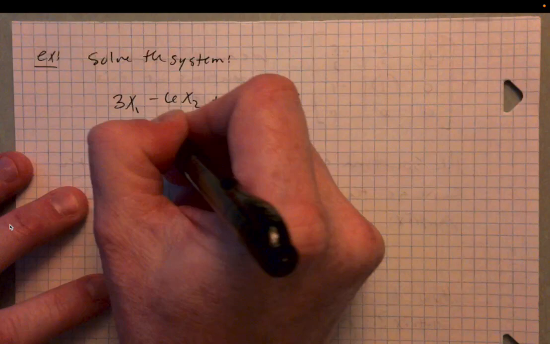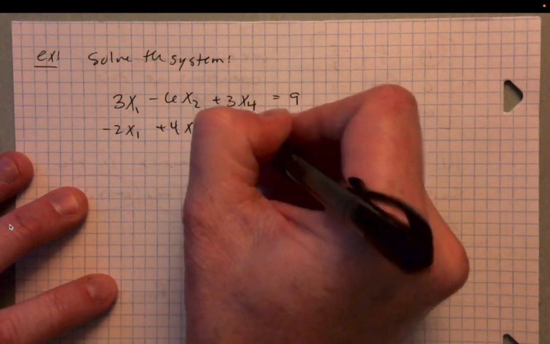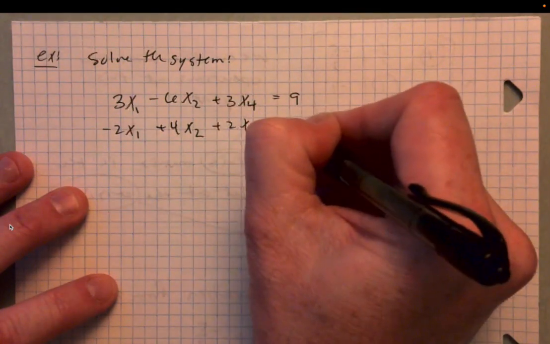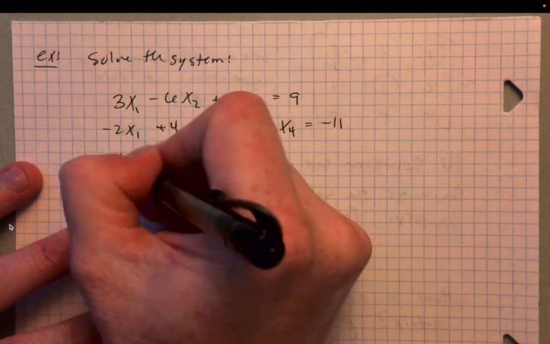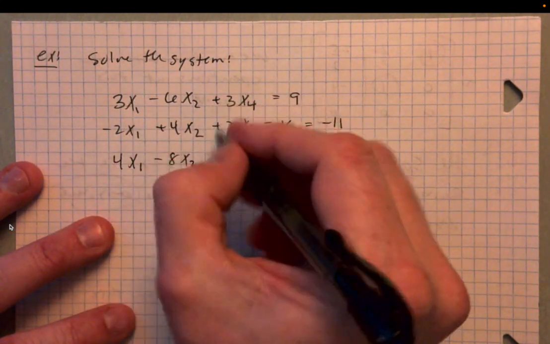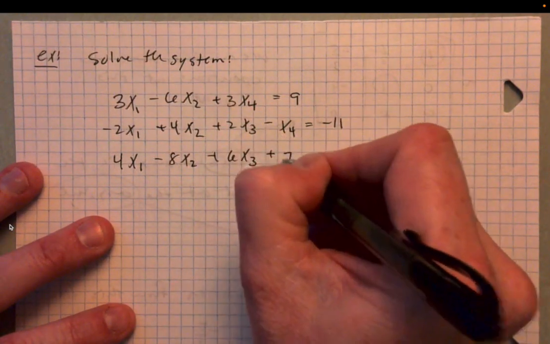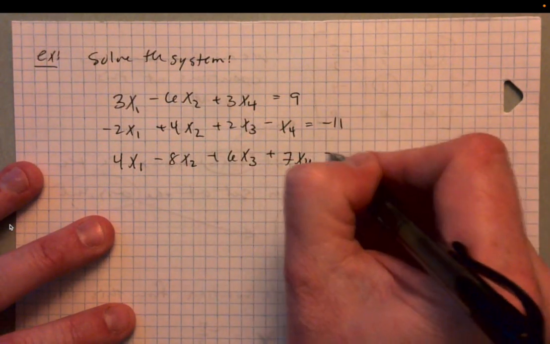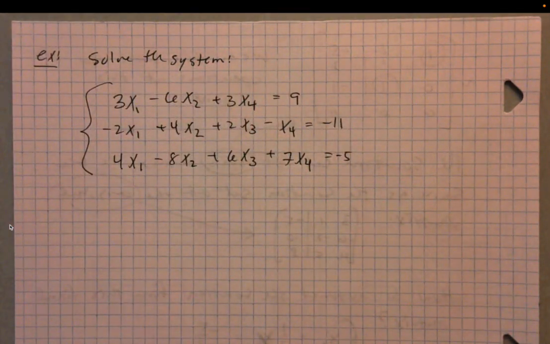Negative 2x1 plus 4x2 plus 2x3 minus x4 equals negative 11. And 4x1 minus 8x2 plus 6x3 plus 7x4 equals negative 5. Okay, so let's take a look at this one. See if we can solve this guy.